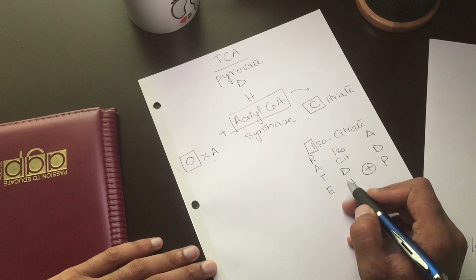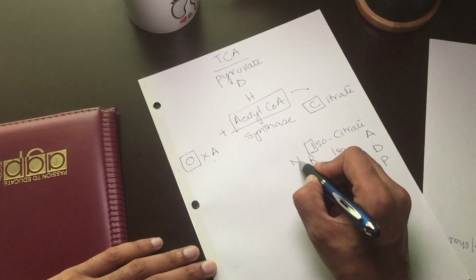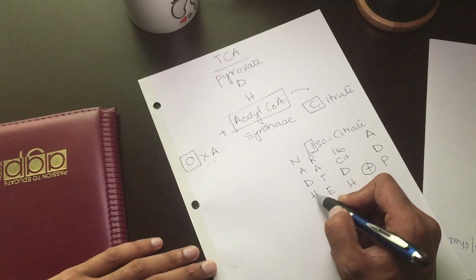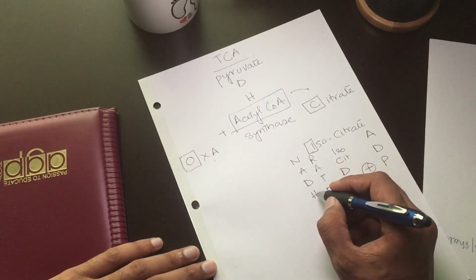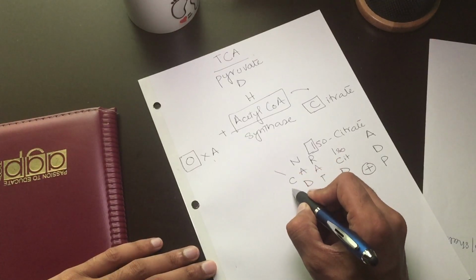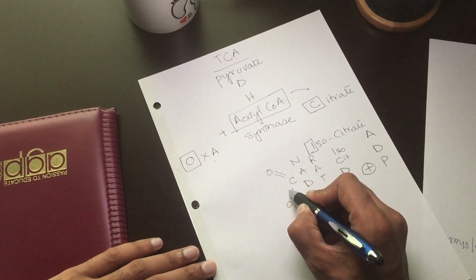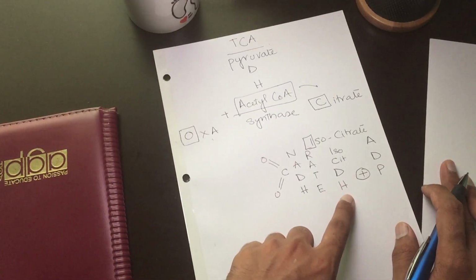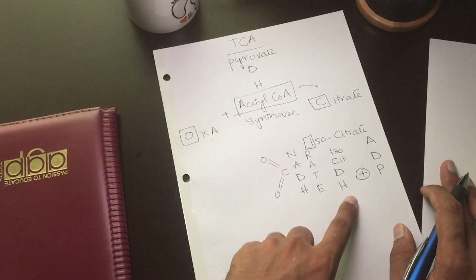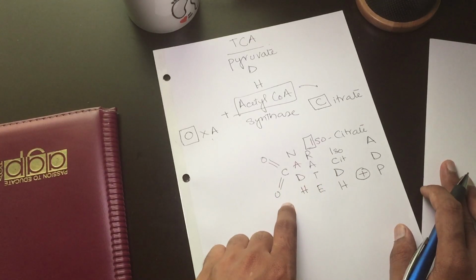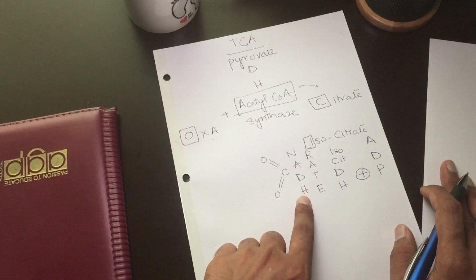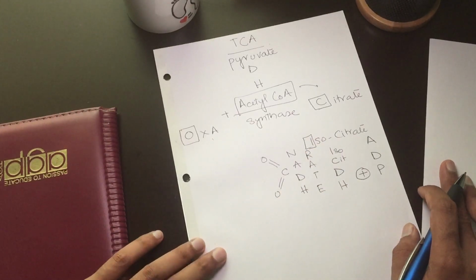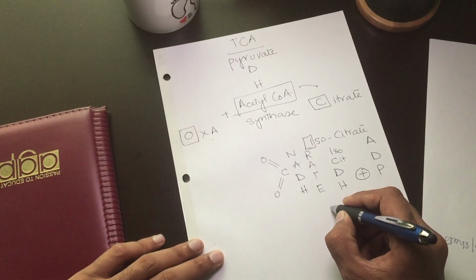This dehydrogenase yields NADH, which is used in the electron transport chain, and also carbon dioxide. So isocitrate dehydrogenase decarboxylates and dehydrogenates isocitrate to make alpha ketoglutarate.